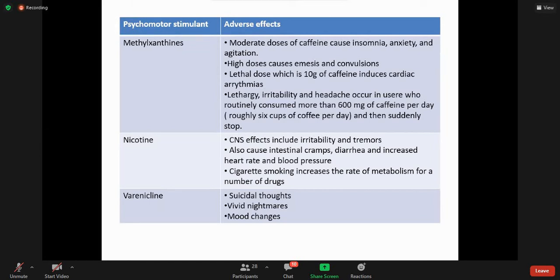First we say, okay, if you apply your strong will, you can quit smoking. But if you are unable to quit smoking using your will, then you can use nicotine gums or transdermal patches of nicotine. And if even then you are not able to stop that habit, then varenicline can be tried.